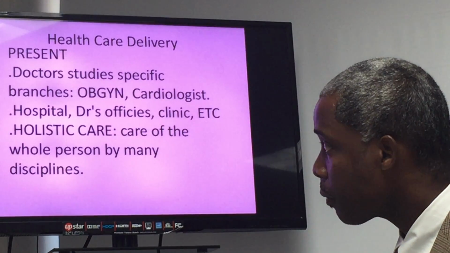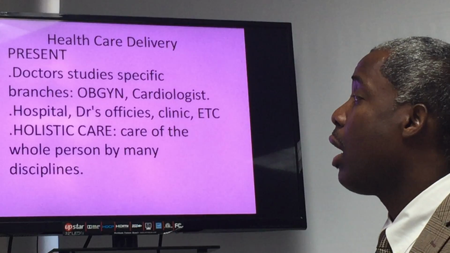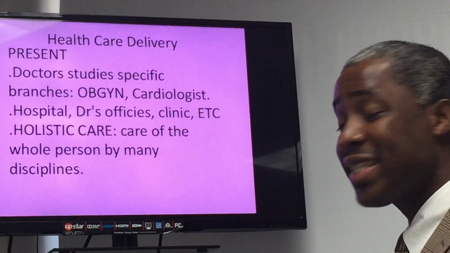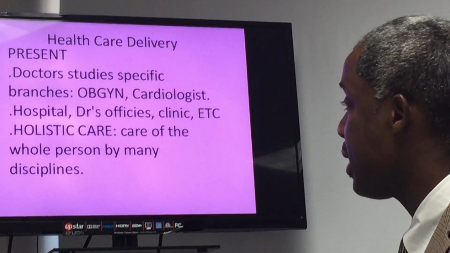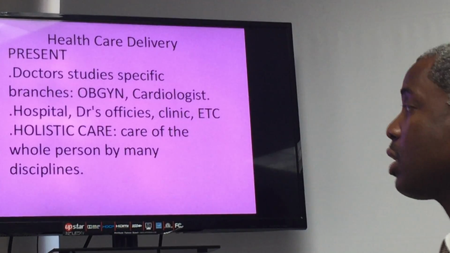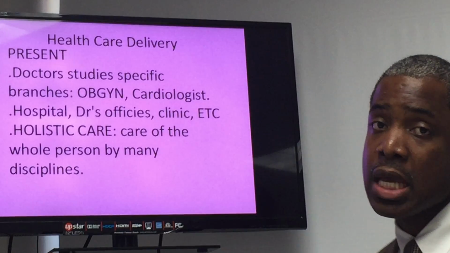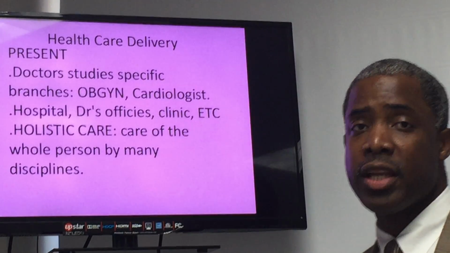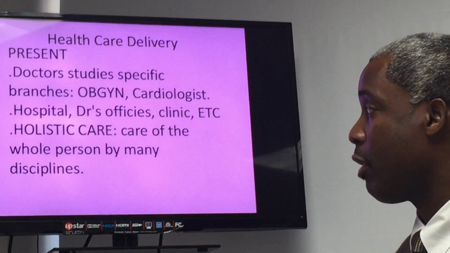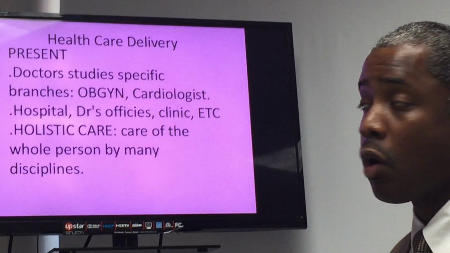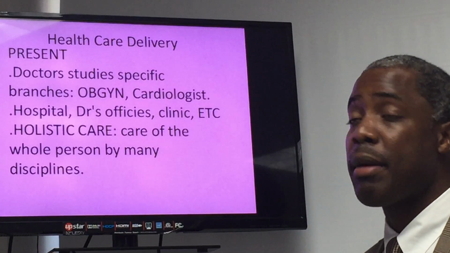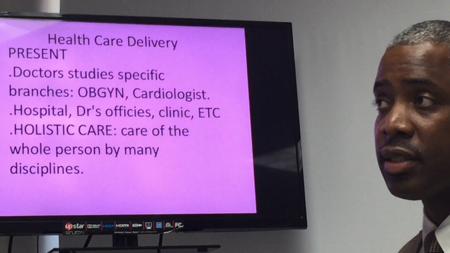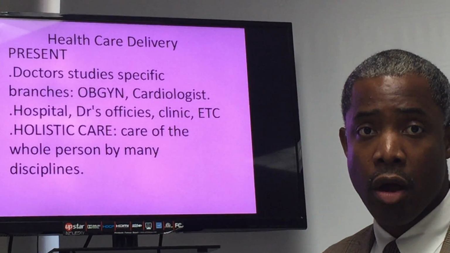Okay. And today we focus on something called holistic care. Holistic care basically means care of the person by many disciplines. So that means that you have different disciplines coming together to provide the care. That would mean your primary care physician is working side by side with, say, your cardiologist if you have a heart problem.